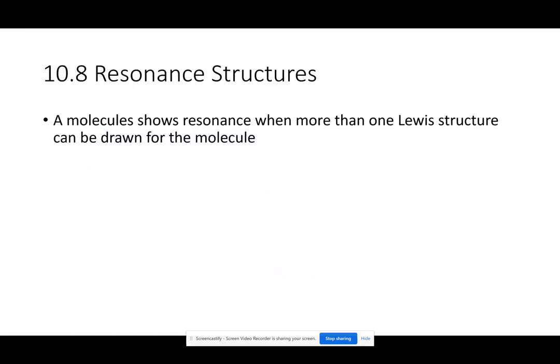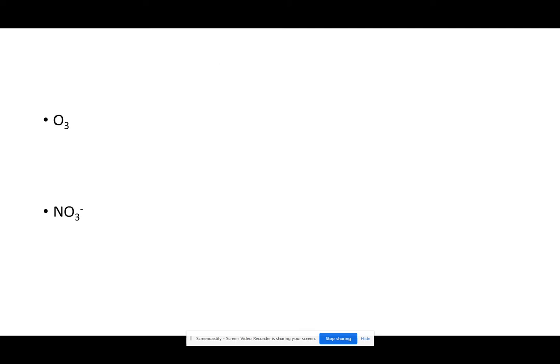So I said this is something called resonance. A molecule shows resonance when there is more than one Lewis structure that can be drawn for that molecule. So O3, which is ozone, will have resonance. O3 is 18 electrons, and it's just 3 oxygens in a row. Start with single bonds.